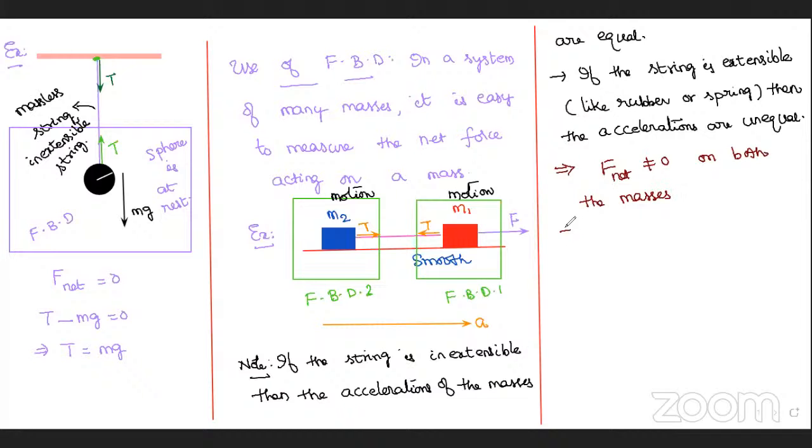That implies from the FBD of 1, I can't write T minus mg equals 0. I have to write either T minus F equals F net or F minus T equals F net. Either T minus F or F minus T, because they are in opposite directions.